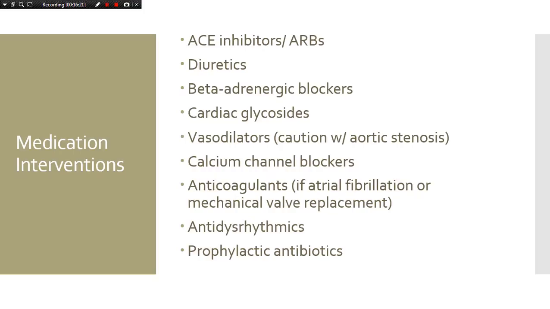Anticoagulant therapy prevents and treats systemic or pulmonary emboli. It is used prophylactically in patients with atrial fibrillation. Atrial dysrhythmias are common and treated with calcium channel blockers, beta blockers, antidysrhythmic drugs such as amiodarone, or electrical cardioversion.